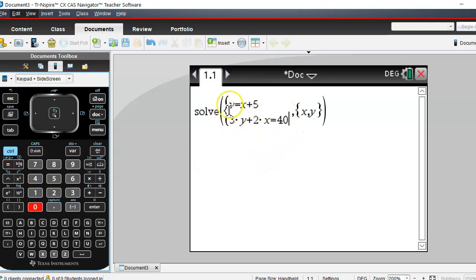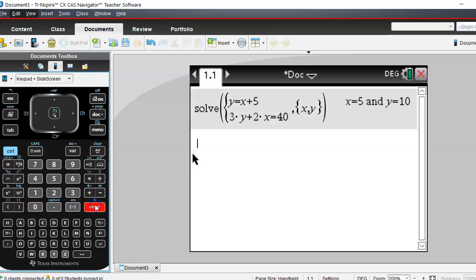And so these are the two equations, and the comma there, and then you are solving for x and for y. Now, I found in the past that if you don't have the times between the coefficient and the pronumeral, so between the number and the letter, it doesn't work out. I don't know whether they've gotten rid of that bug in their software, but much safer to always remember to put the times in between them. And just enter. So x equals 5 and y equals 10.